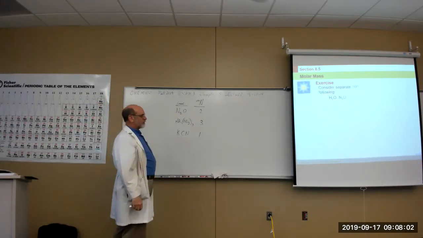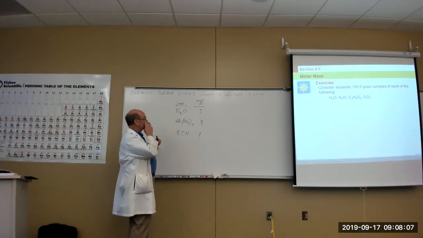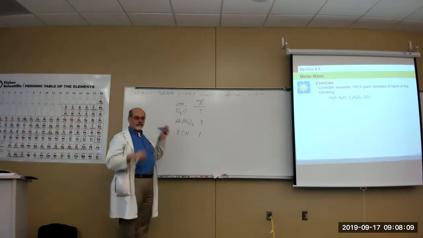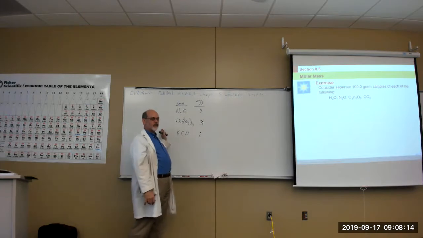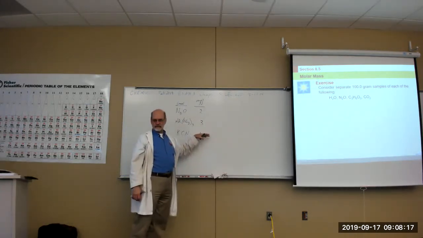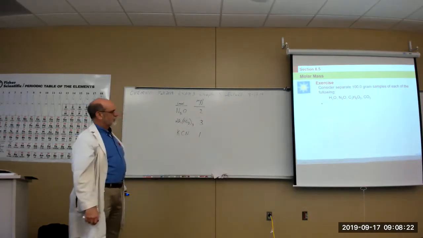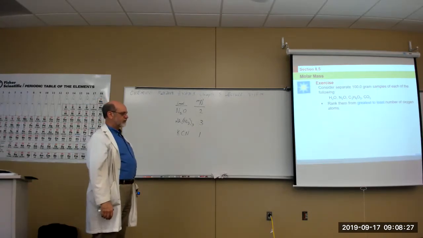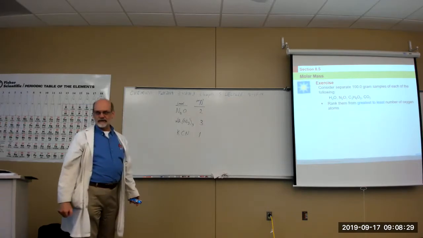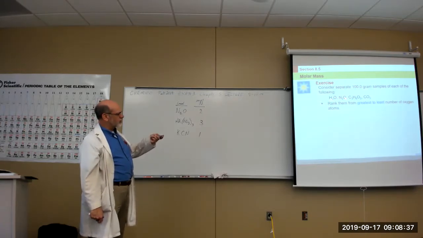Now, if we had different masses, or even the same mass of each one, you would have to convert to moles of each one. Then convert that number of moles to the moles of the element you're interested in. Right? And that's what this is. So you have a 100-gram sample of each one of these, order them in greatest to least number of oxygen atoms. Since we're talking about grams, you can't just go in here and say, let's see, oxygen, there's 1, 1, 2, 2.